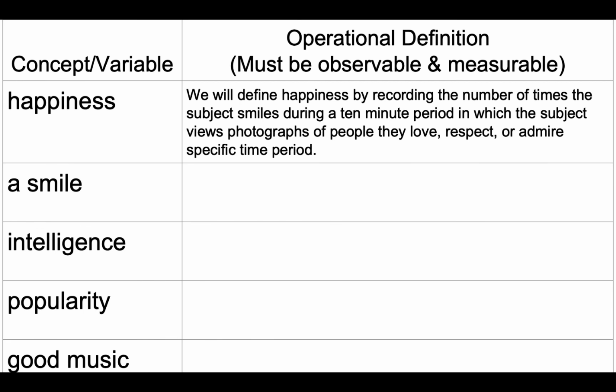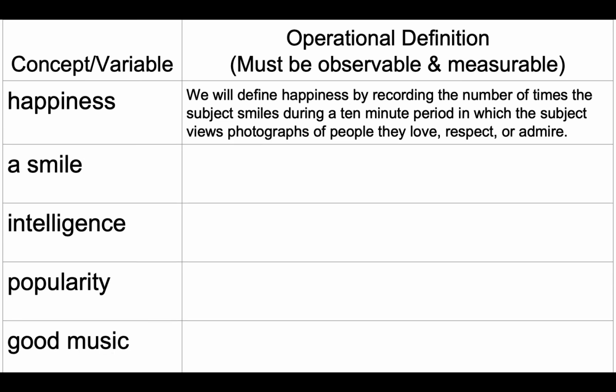As I said earlier, there are some things that we can measure, like height or weight, or the time it takes people to do something, like a puzzle or a math or a word problem. But when it comes to measuring abstract concepts, like feelings and emotions, we must be very precise. So let me go ahead and do the first one for you as an exemplar for you to model.